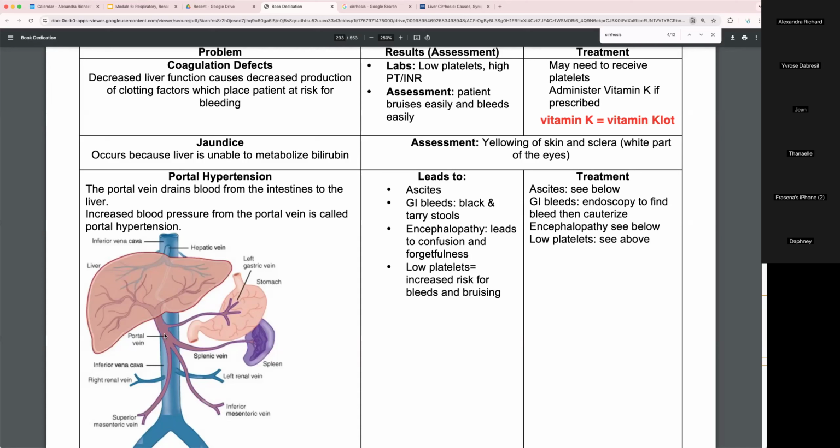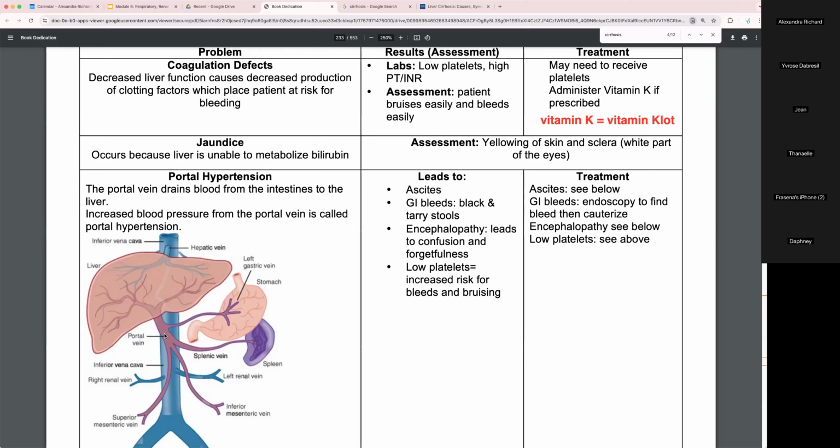And this congestion is going to lead to an increased pressure inside that portal vein, which can lead to something called portal hypertension. So portal hypertension is a result or consequence of liver congestion, because the liver is not working well. It's not able to receive and send out substances the way that it should.